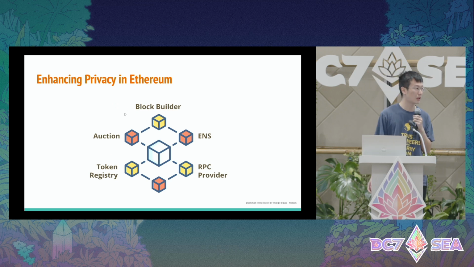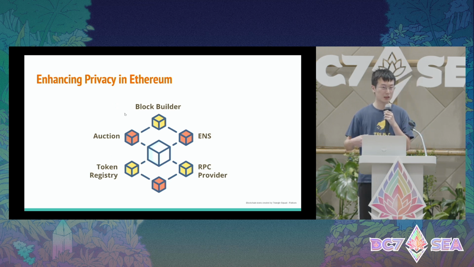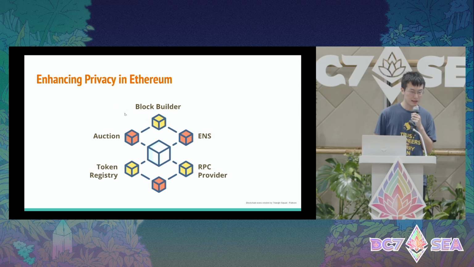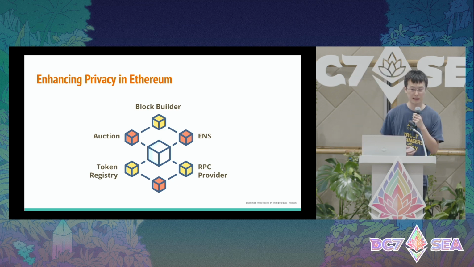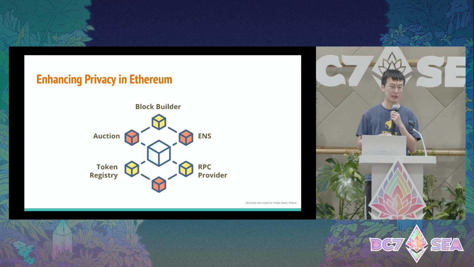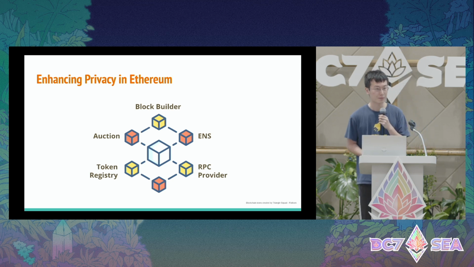For Ethereum, ORAM could have many potential applications. Generally speaking, you should consider using an ORAM whenever you need to privately access a large set of data. A specific use case could be a private block builder to protect against MEV attacks.